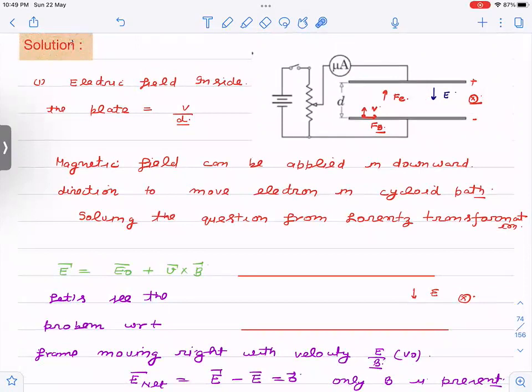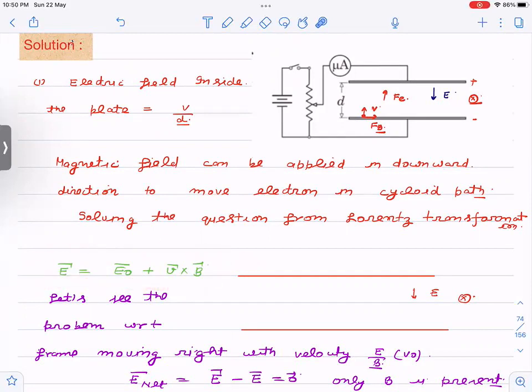Using the Lorentz transformation, we will remove the electric field, by moving such that there is an electric field in the opposite direction of this E, and then the electron comes under only the magnetic field, right? So this is the Lorentz transformation.